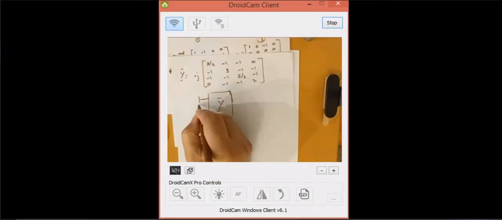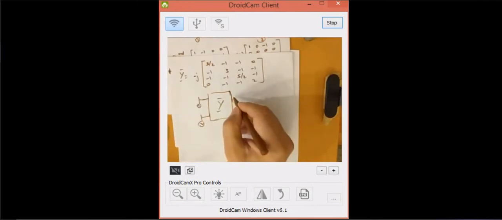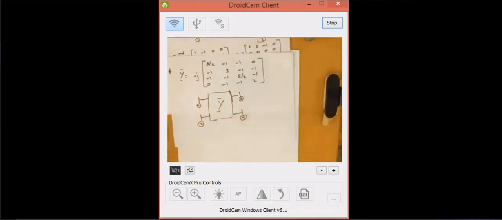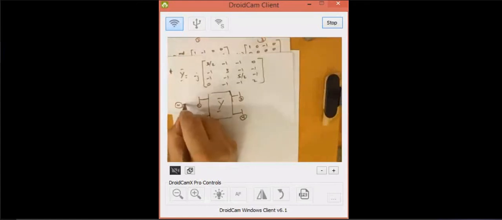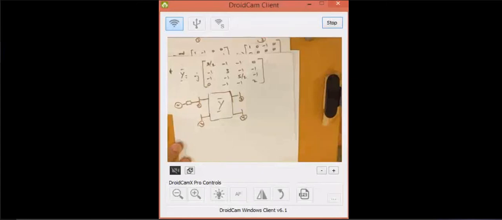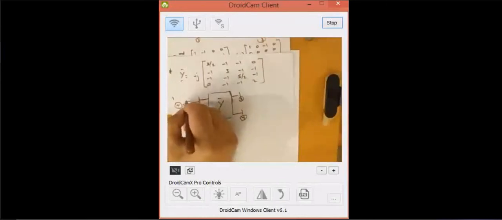Let me say that in bus number 1 we have a generator, and we model it like this, and this is equal to j.